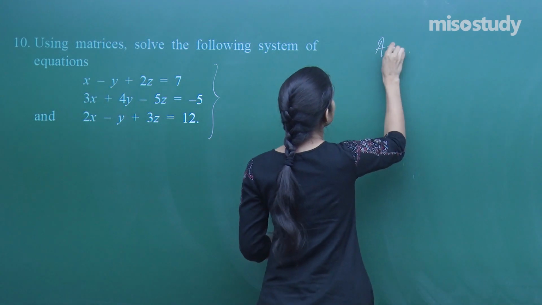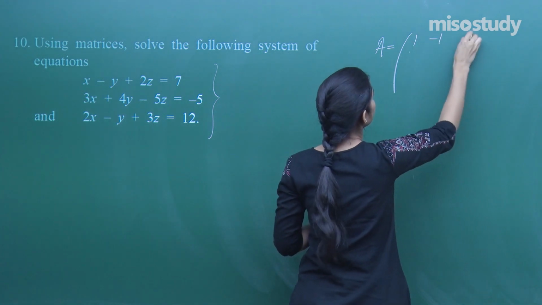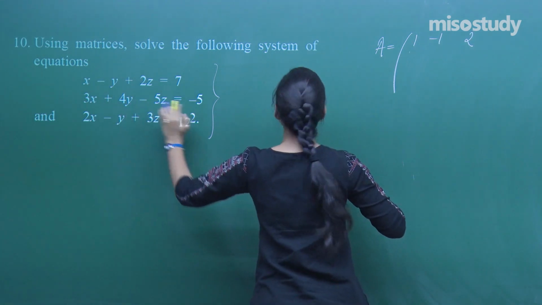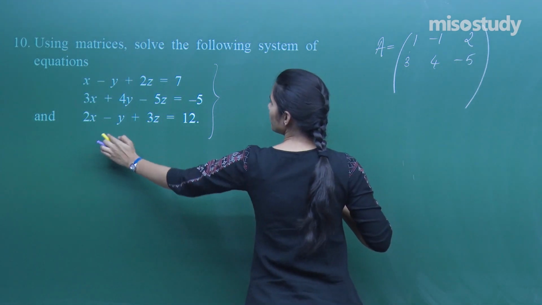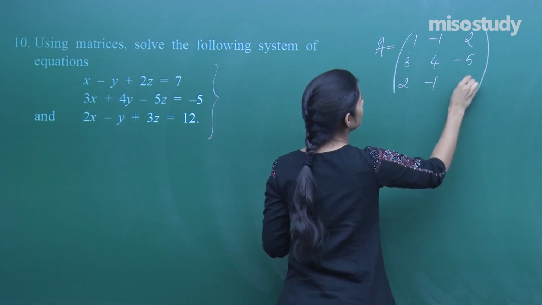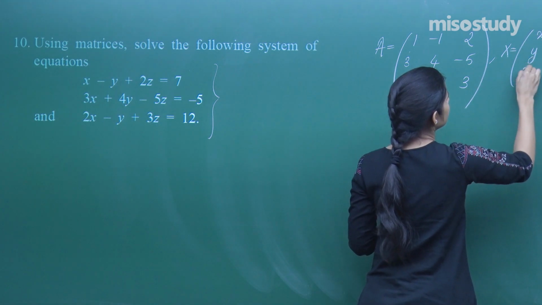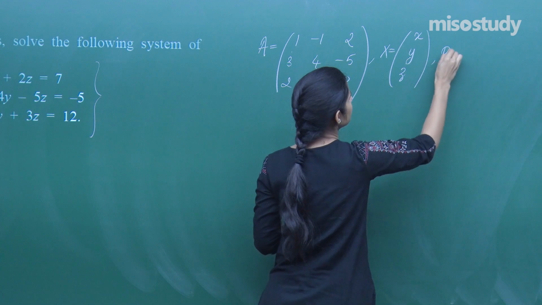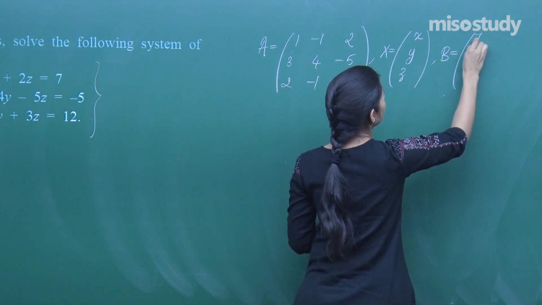So A is 1, minus 1, 2; 3, 4, minus 5; 2, minus 1, 3. Okay. Capital X will be given by X, Y, Z, it's a 3 cross 1 matrix, and B will be equal to 7, minus 5, 12.